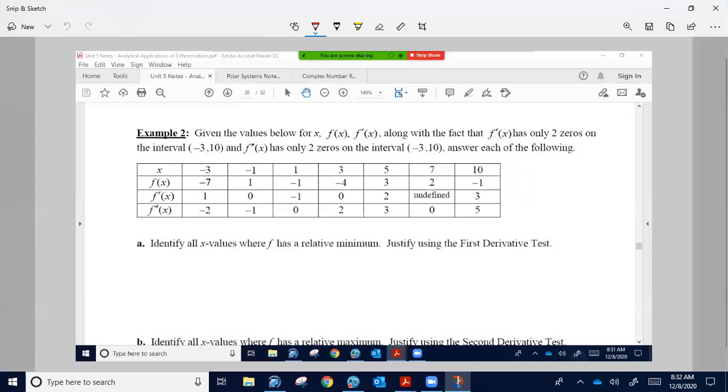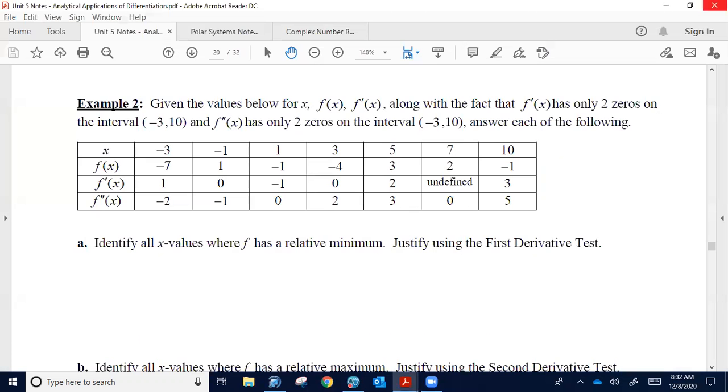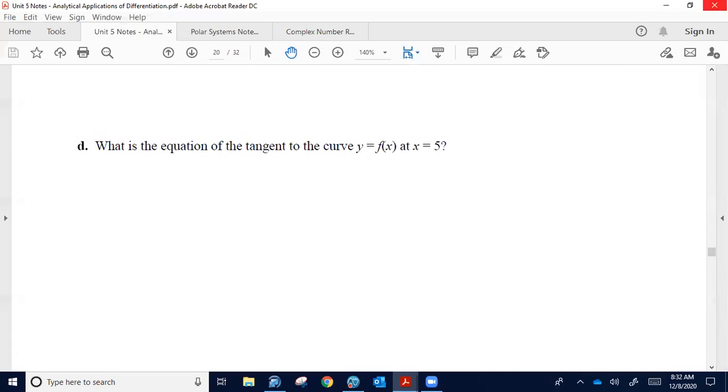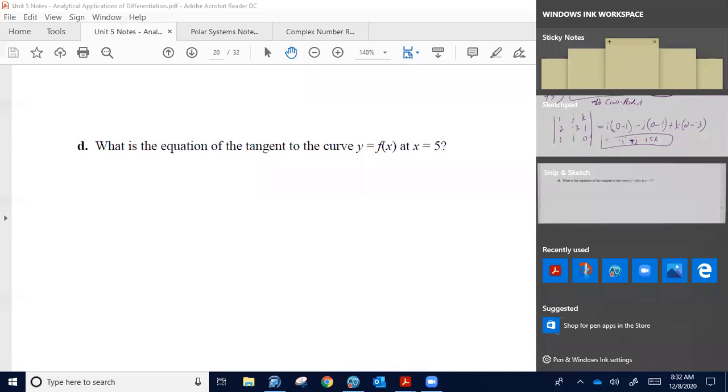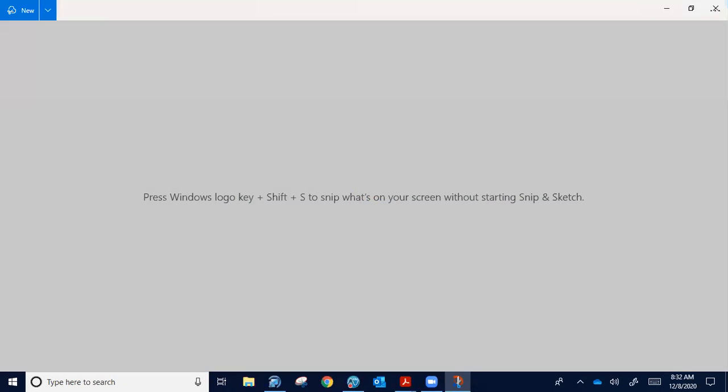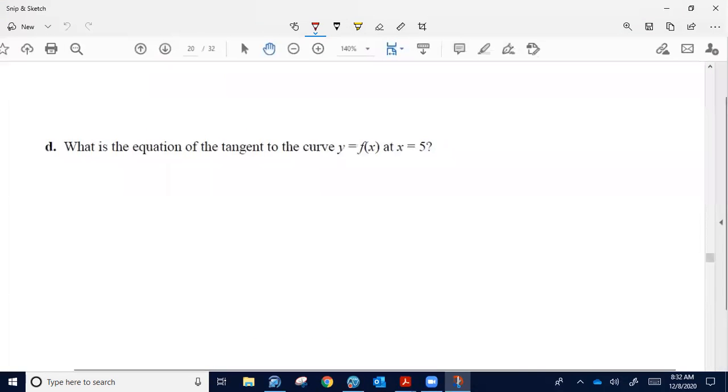So if x equals 5, f of x is the y, and then the derivative leads you to the slope. So x is 5, y is 3, slope is 2.